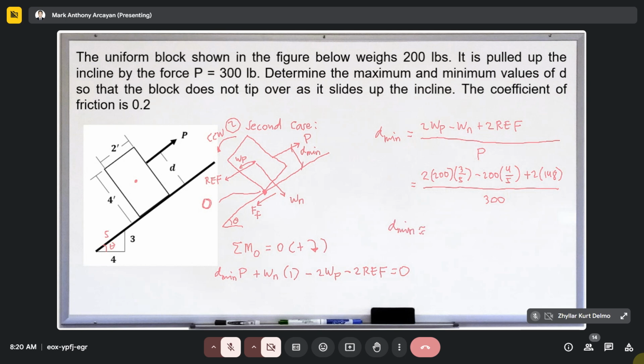Okay. Plug in this value. I think only the sign changed for the 4/5, so we're going to make this negative. Then the rest stay as is. Therefore, we have a value of 1.25. This will be the minimum. If you position your force P lower than 1.25, then expect it to overturn in a counterclockwise direction.